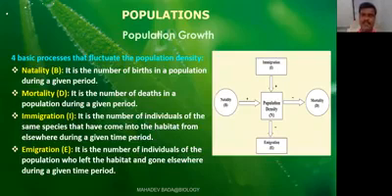So how many people are taking birth in a given period? That is the natality, indicated with capital B and an arrow mark.